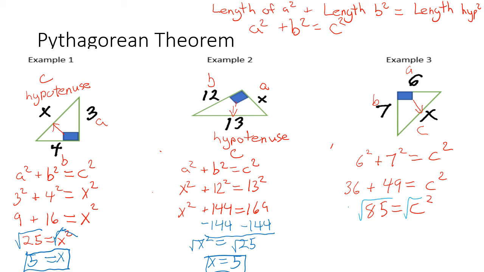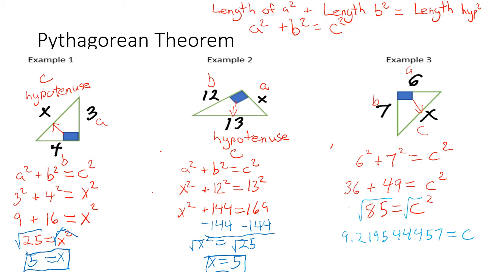It comes out to, so I calculated out here, 9.219544457 equals C. Now, that's not a very good answer.